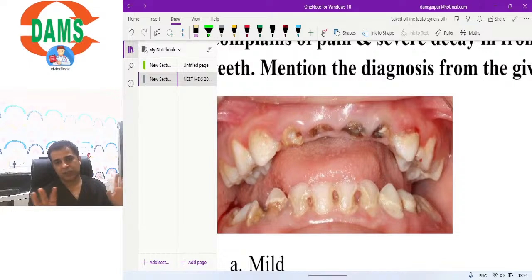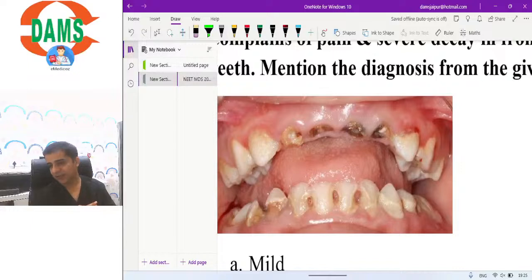We put freshly mixed ZOE onto the teeth and send the patient. Later, on the next visit when the child comes, we see which tooth is actually paining, because the sedative effect leads to a slight reduction in the pain of reversible pulpitis type teeth, and then we proceed with the treatment, right?